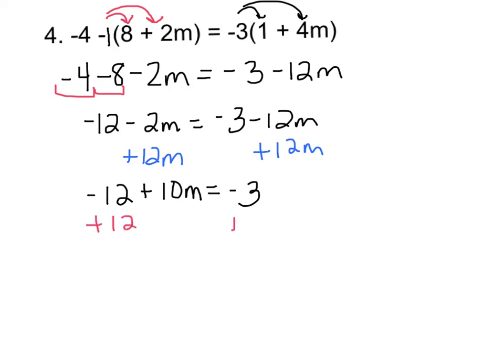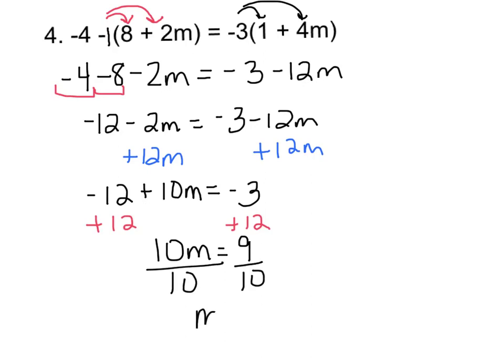Add 12, add 12. That gives me 10m equals, what's 12 minus 3, or negative 3 plus 12? Different signs I subtract. 9. And now I divide both sides by 10. m equals 9 divided by 10, or just leave it as the fraction, 9/10.